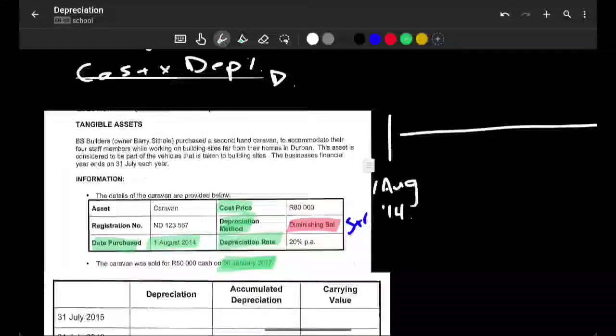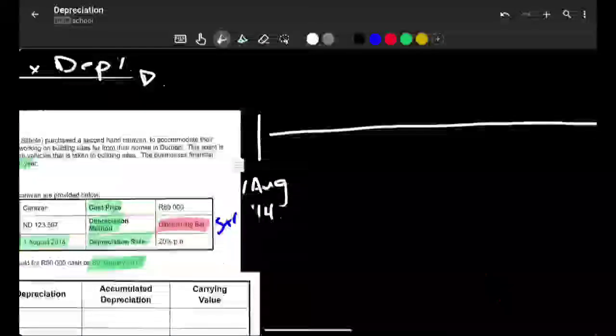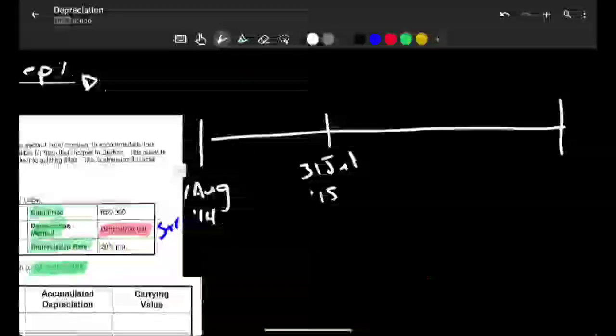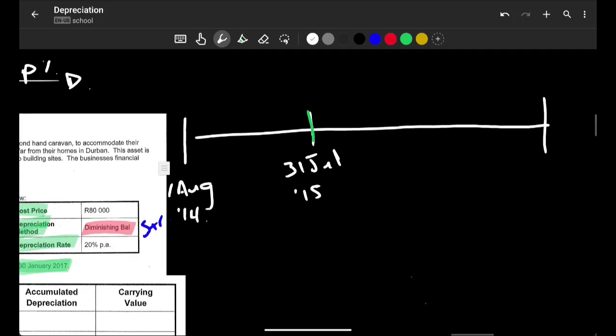So end of financial year, each year they tell us that it is 31st July every year. So we're going to say the next year that ends on the 31st of July 2015, right? And then we know that the end of the first financial year is the beginning of the next financial year. So if it ends on 31st July, on 1 August 2015, the new financial year starts.